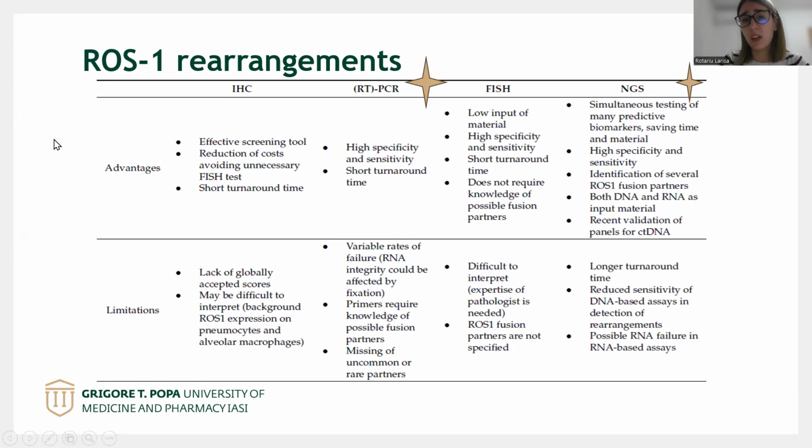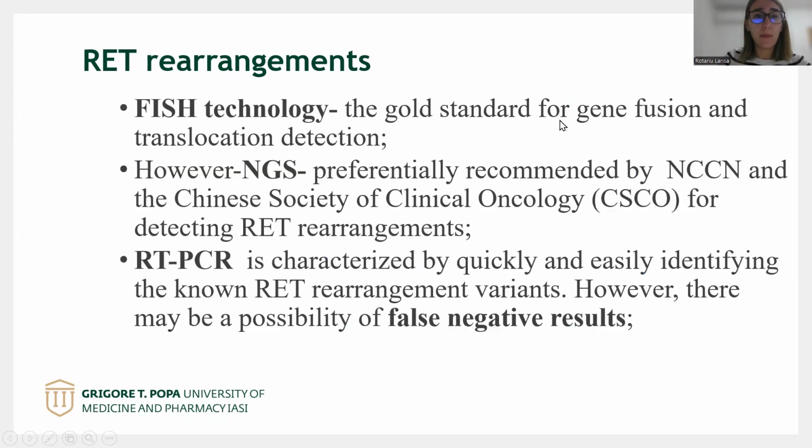We can see here the advantages and limitations for both techniques. PCR has a short turnaround time, while NGS has a longer turnaround time. They both have high specificity and sensitivity, but ESMO recommends NGS for this type of rearrangements.